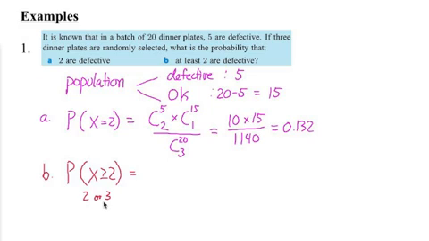Well, I've already done the first part. If I select 2 out of the 5 defective plates and 1 out of the 15 okay plates, this is the expression for that probability. I need to add that to the expression of choosing 3 defective plates out of the 5 and 0 okay plates out of the 15.